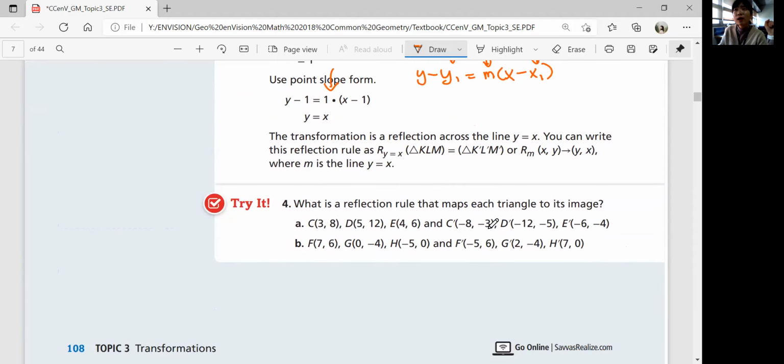So try number 4. You're finding the equation of the line of reflection. Figure out the midpoint, that's your first step. Figure out the slope. Write the equation using point slope form. Simplify your equation. That should be your equation of the line of reflection. Okay, come back when you're ready.